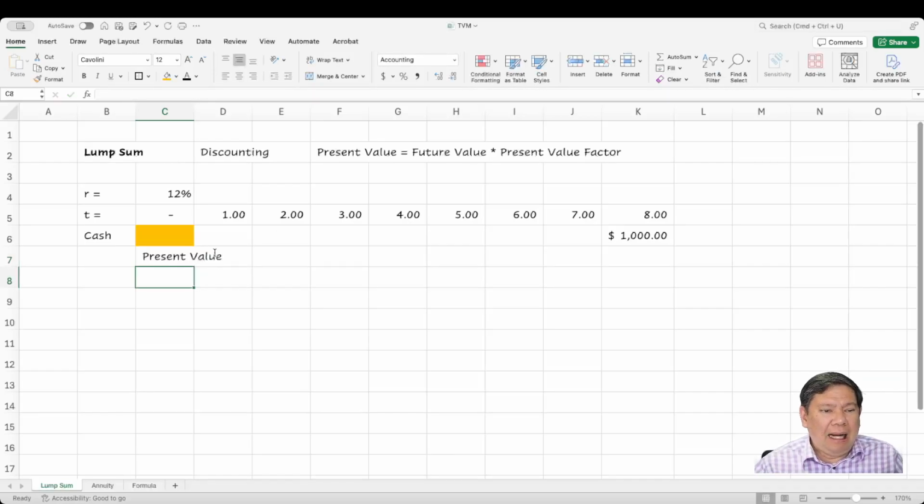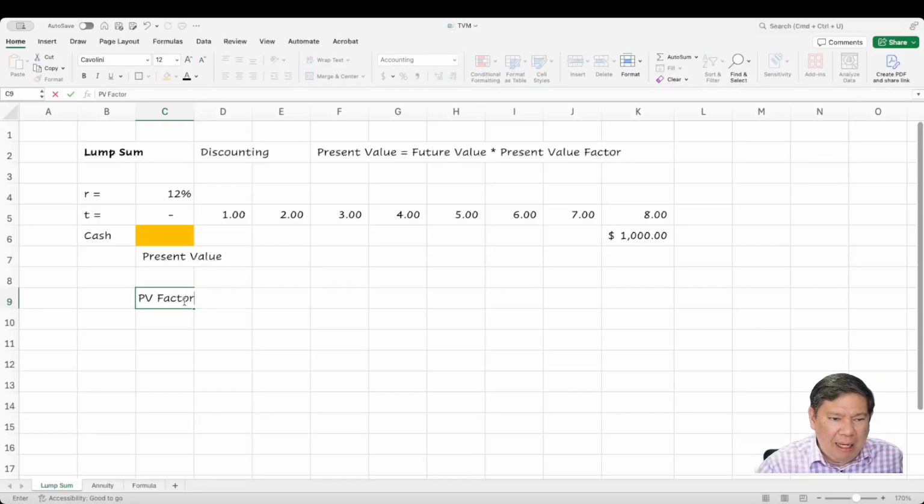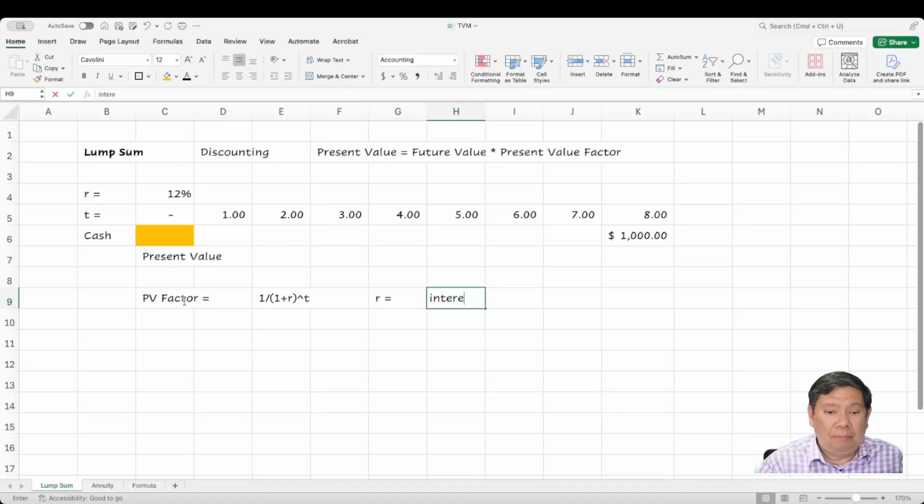Now let's talk about the present value factor. The present value factor is 1 divided by 1 plus R to the power of T. R is the interest rate and T is the number of periods.